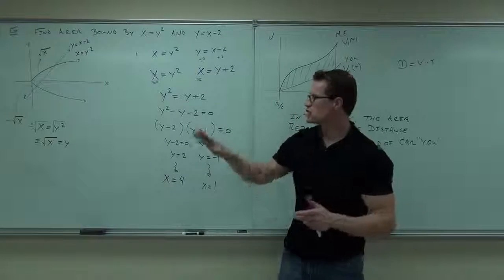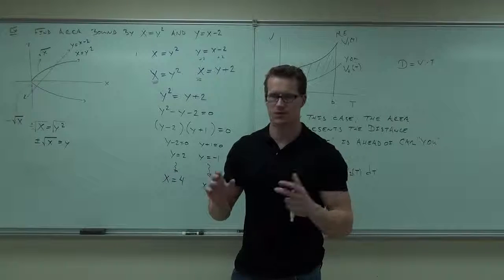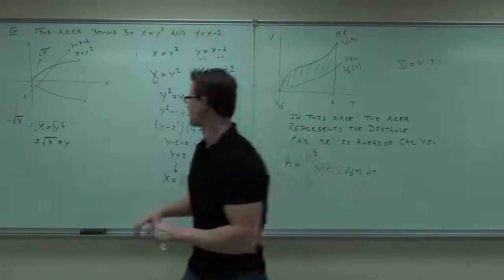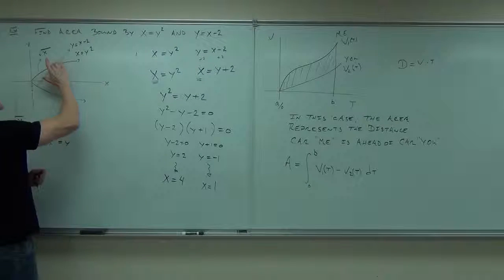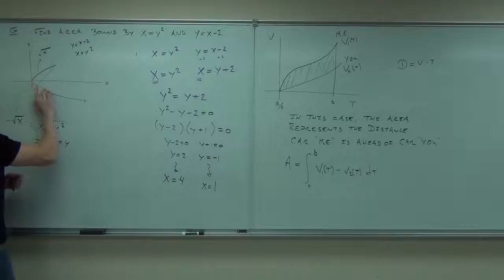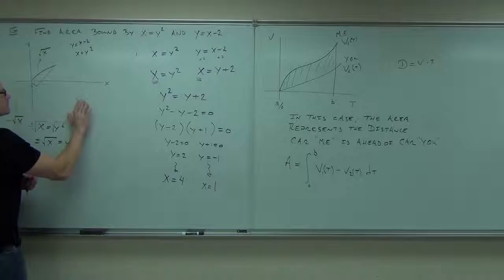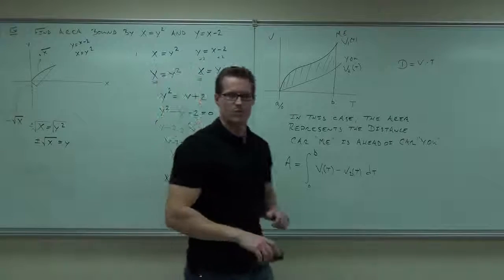Now, what I'm going to do is change my graph just a little bit. I'm going to erase the parts that I don't need, because it looks a little confusing to me right now. This part is not binding any area, if you want to say it that way. Neither is this part. Neither is this one. Neither is that one. If you don't mind, I'm going to redraw this picture a little bit bigger so you can see it.